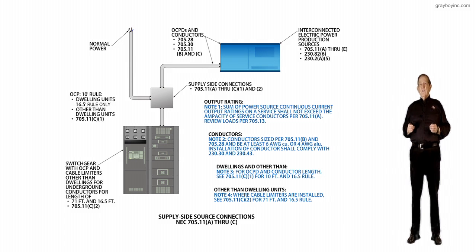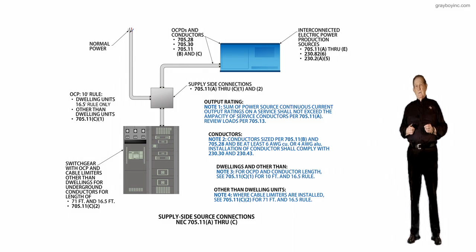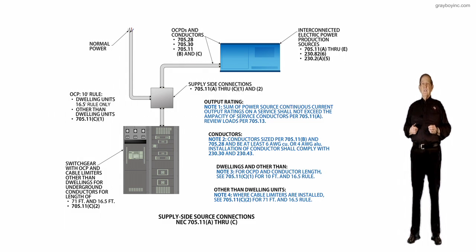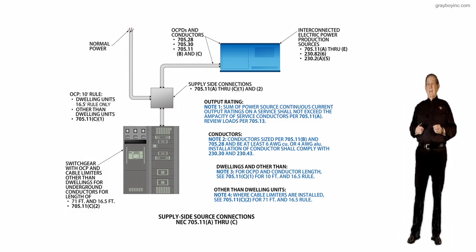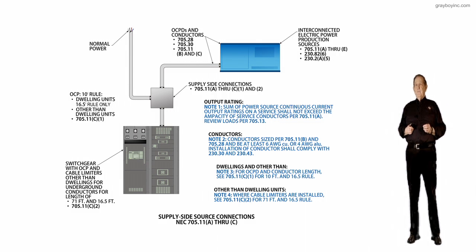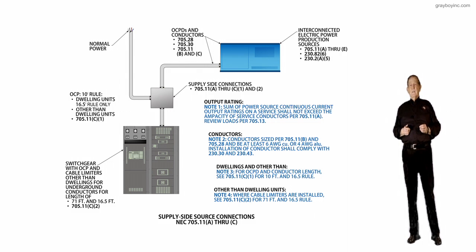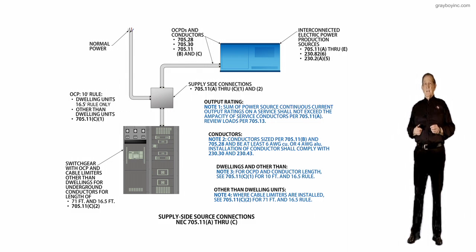Now, other than dwelling units, that's note 4. Where cable limiters are installed, we would naturally see 705.11(C)(2) for 71-foot lengths and 16.5-foot lengths, and the requirement that would regulate such an installation.